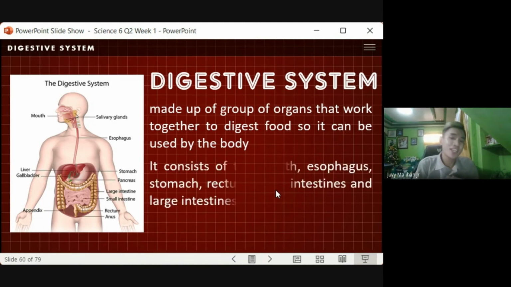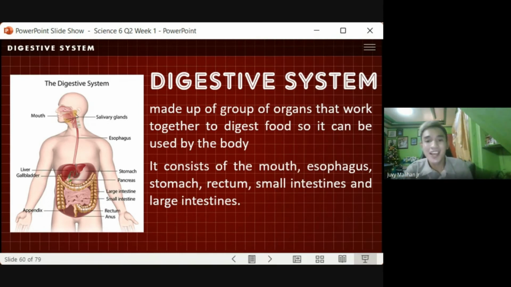The digestive system consists of the mouth, the esophagus, the stomach, the rectum, the anus, small intestines, and large intestines. These organs all help in digesting our food.